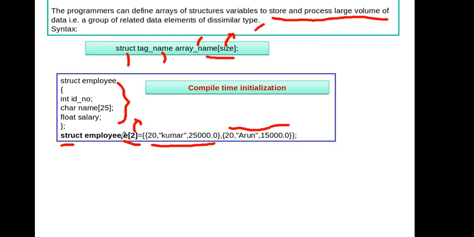One thing you can observe: instead of declaring two different structure variables, we have declared only one structure variable. The name is E, and it is declared in the form of an array. This indicates the concept of array of structures, right?